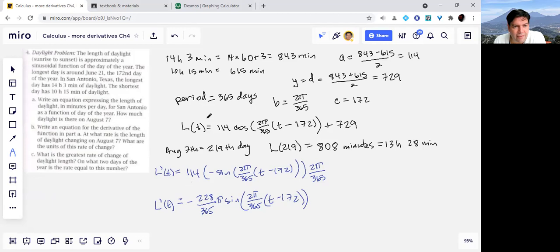At what rate is the length of day changing on August 7th? Okay, at what rate is the derivative on August 7th, which is the 219th day. And we just substitute 219 here, and we get it. Let me get that.